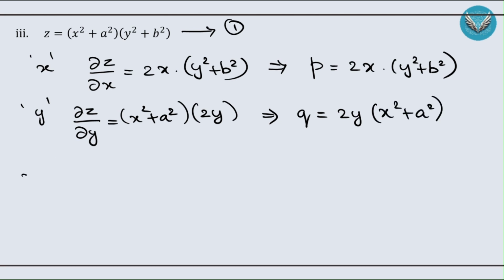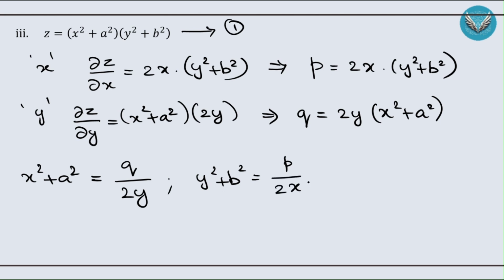Now from this, x square plus a square can be considered as q divided by 2y, and y square plus b square can be considered as p divided by 2x. Now put it in equation 1. So z is equal to q divided by 2y into p divided by 2x.